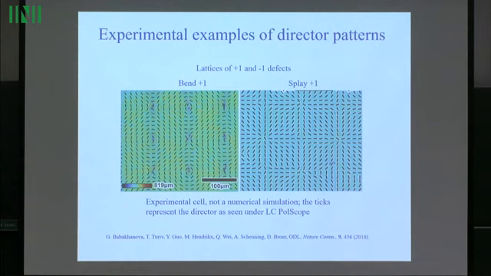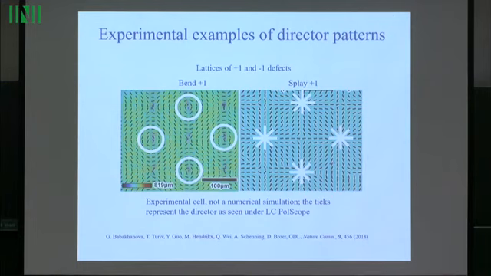So the first thing we did was to prepare two very similar lattices of point defects. They are comprised of -1 and +1 topological defects. The only difference is that in one picture, the +1 defects are predominantly bend deformations, and in this other structure, the +1 defects are predominantly splay.